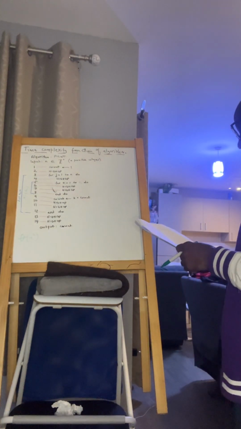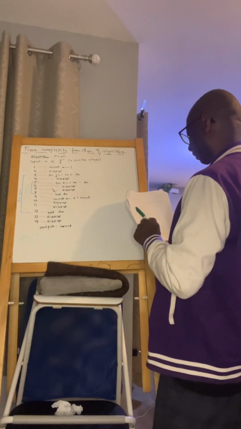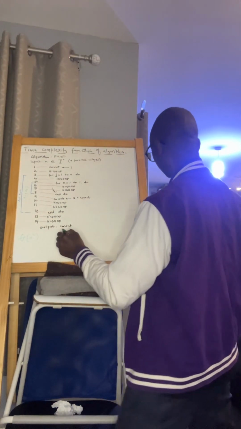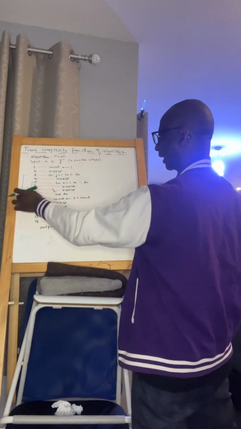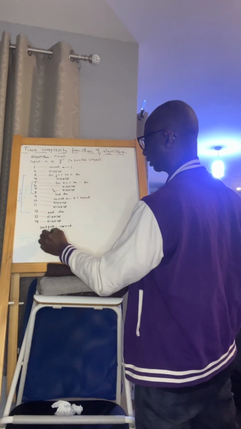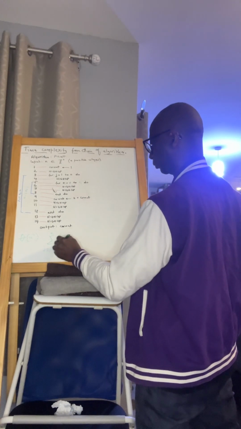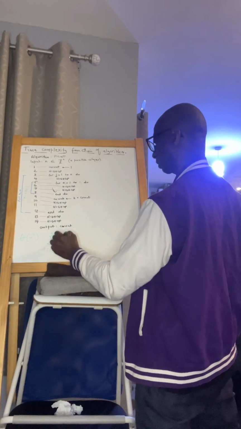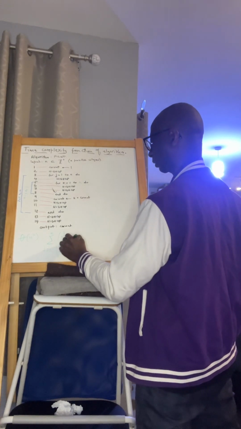So we now have the outer loop, which is j equals 1 to n, and another inner loop from k equals 1 to j.